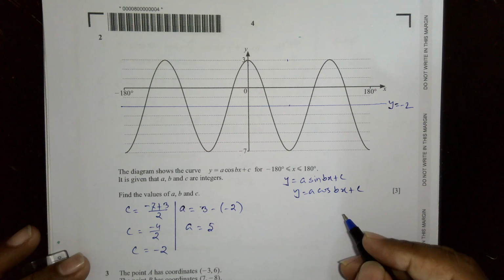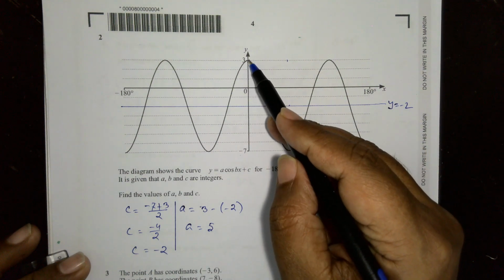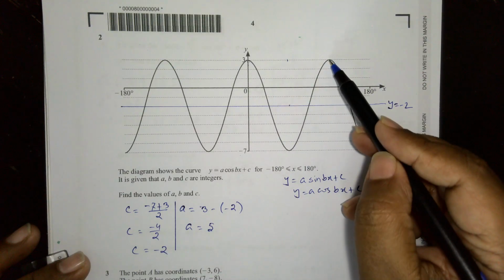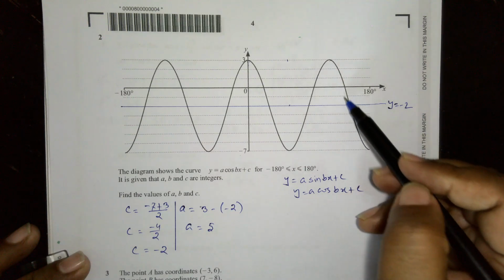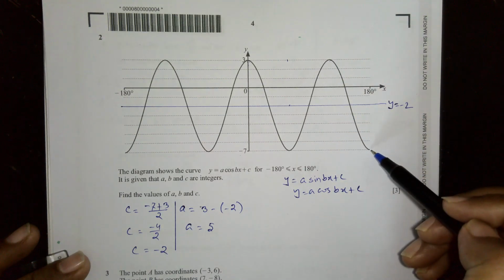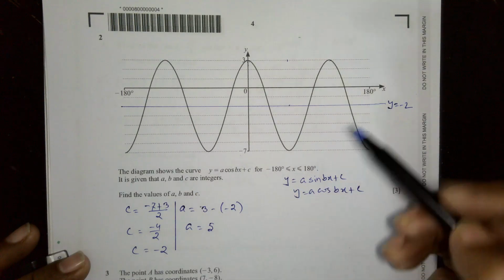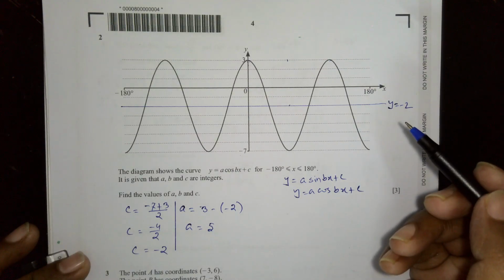Okay. Then the cosine curve starts from 0 here, right? From 0 up to this point it completes one cycle, and then up to 180 it completes 1.5 cycles, right? As I told you, within 360 how many complete cycles should we have?